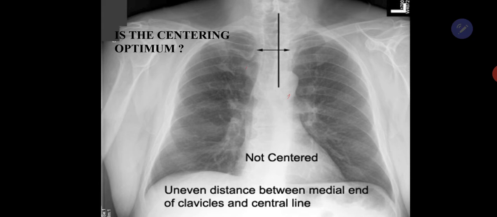This is the medial end of clavicle over this side, and this is the medial end of the clavicle on this side, and this is the central line, and the medial ends of clavicles should be equidistant from the central line, which is passing through the spines of the vertebral bodies. If it is not equidistant, it is said to be a rotated film.